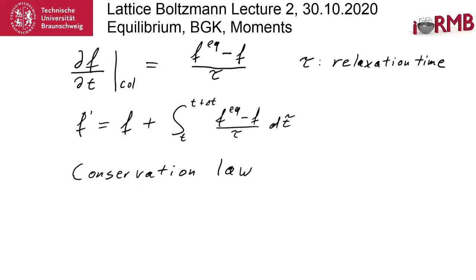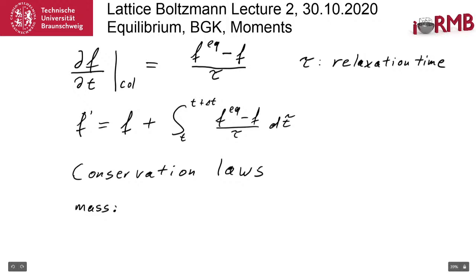How this works, we'll see in hopefully the next week or maybe the week after this. Today we have a few other things that we need to learn before this. So, conservation laws of this collision operator. We have three things we have to look at.